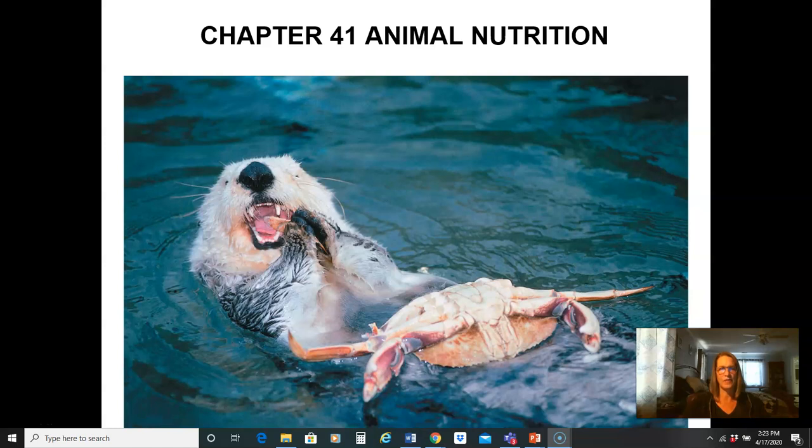Animals have different structures, but to perform similar functions of getting nutrients to different parts of their body and absorbing that and making sure that all of the cells are getting access to it. So we are mostly going to be talking about digestion and sort of the nutritional needs that animals need in this chapter.